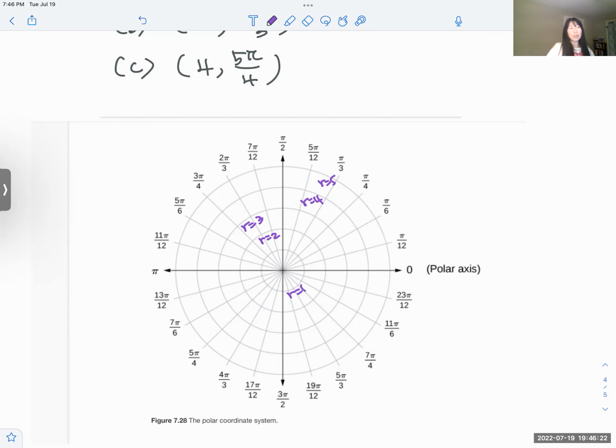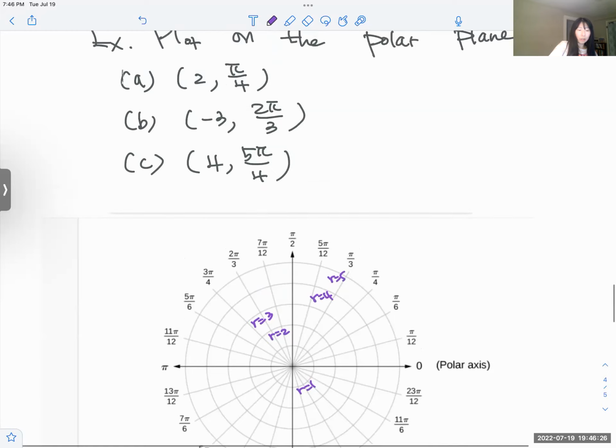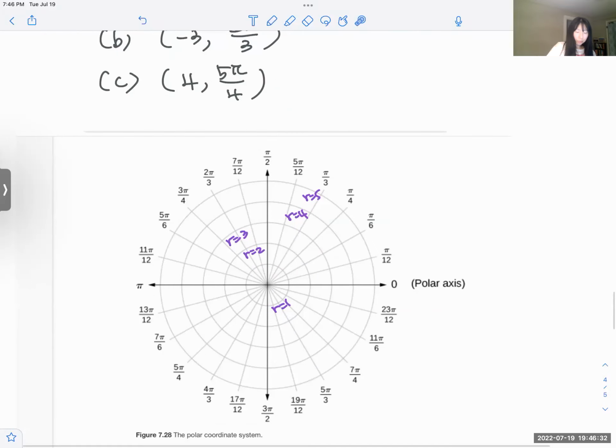So in this case, the first one is r, the second one is theta, right? r equal to 2, so 1, 2. We can also take theta first, that's fine. So theta equal to pi over 4.